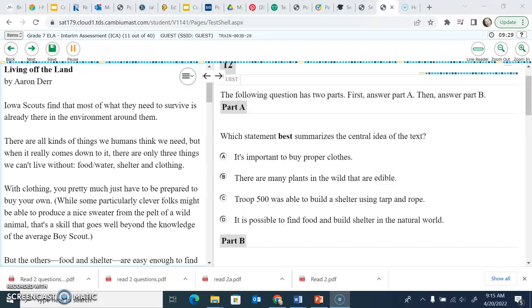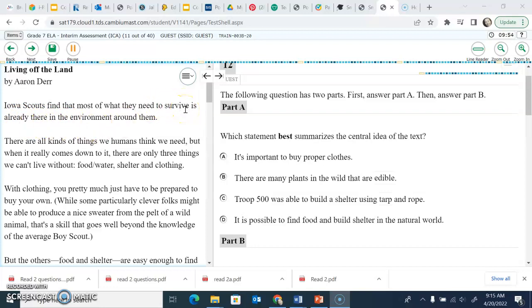So I know by looking at that word best that there are at least two right answers to this question. And I know that this is looking for an idea that is going to run throughout all of my text. So when I looked at the text, I know that it talks a lot about survival, and I know that it talked a lot about how many of the things we need to survive are already in our environment.